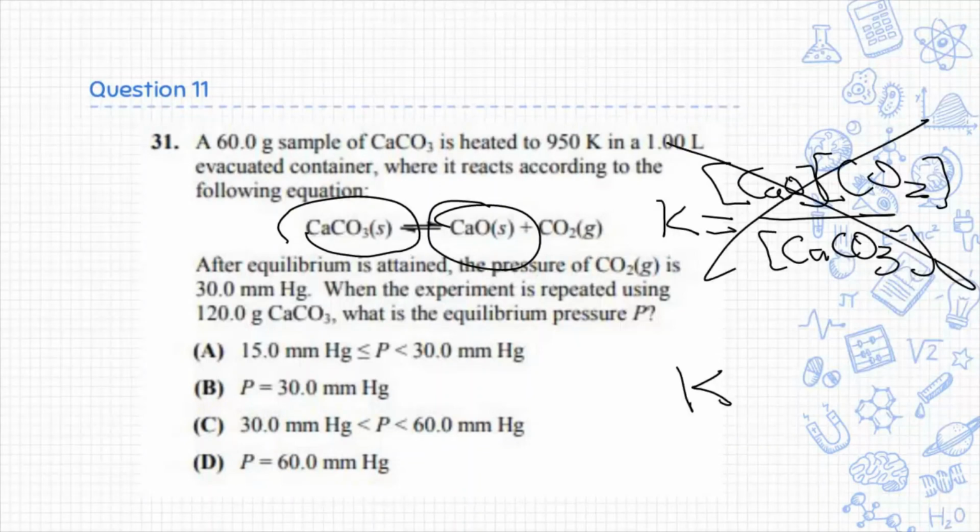The correct one would be, since this is a gas species, only carbon dioxide would be present. So the equilibrium constant is actually equal to the partial pressure of carbon dioxide, meaning that even if we increase the amount of calcium carbonate that is added as a reactant, the partial pressure of carbon dioxide will not be changed as a result. Therefore, the answer is B.